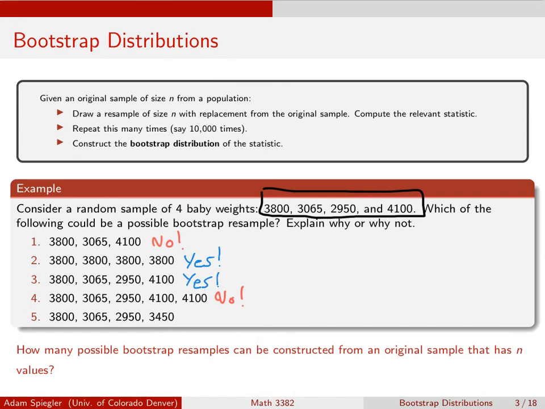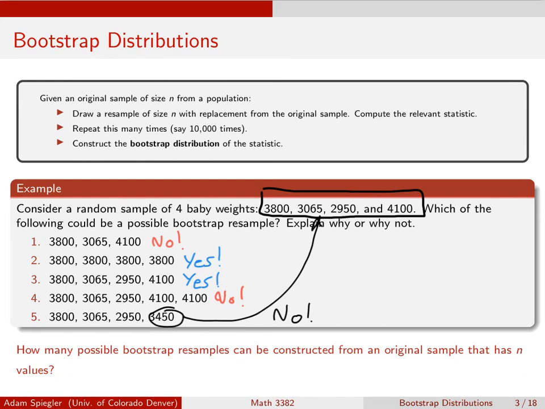Looking at the last one, we've got 4 values. I could pick 3,800, 3,065, 2,950, and then 3,450. Where did that come from? There's no way I could have picked it from the original values. That wasn't one of them, so this last one would be a no.